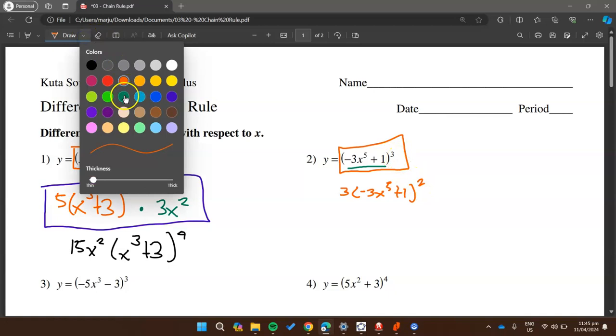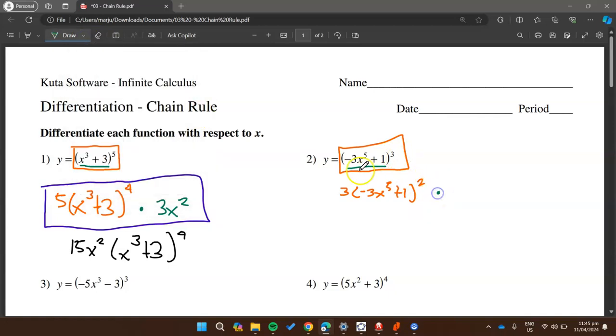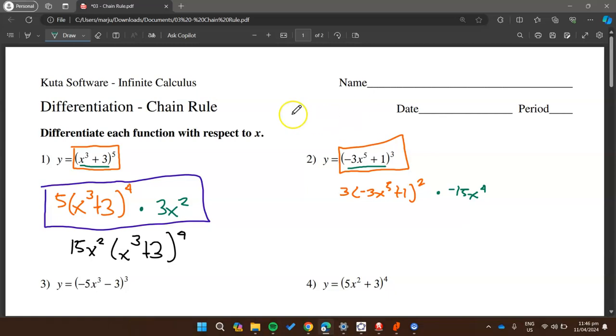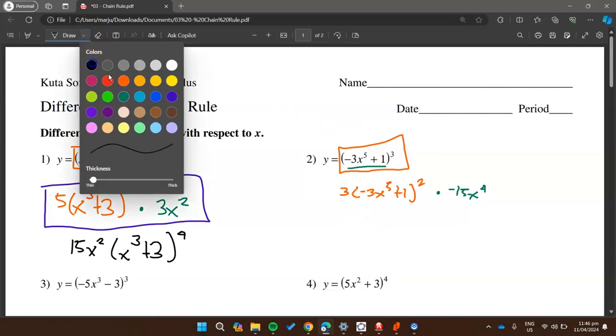And multiply it by the derivative of this expression. That is just 5 times negative 3, that's negative 15x to the 4th power. So we are going to simplify.